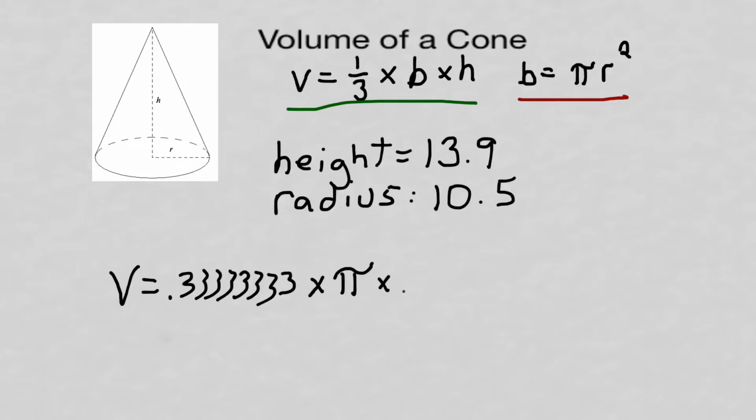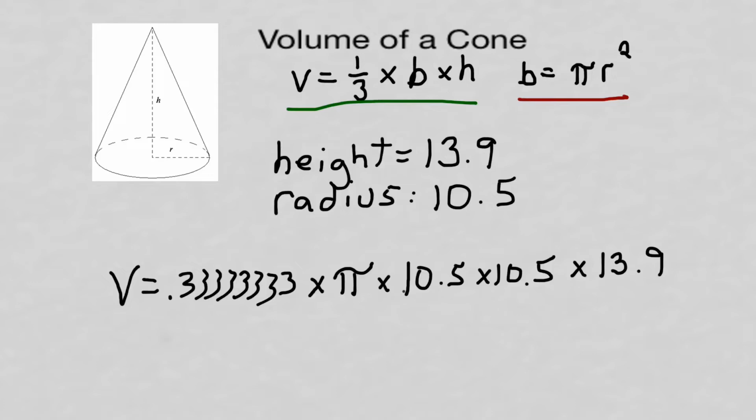The radius is 10.5. Okay, 10.5 times 10.5 times the height, which is 13.9. You put that in your calculator and hit enter, you're going to get the correct answer.